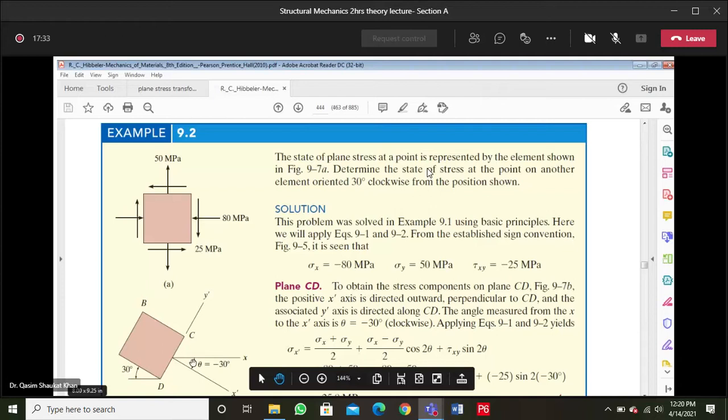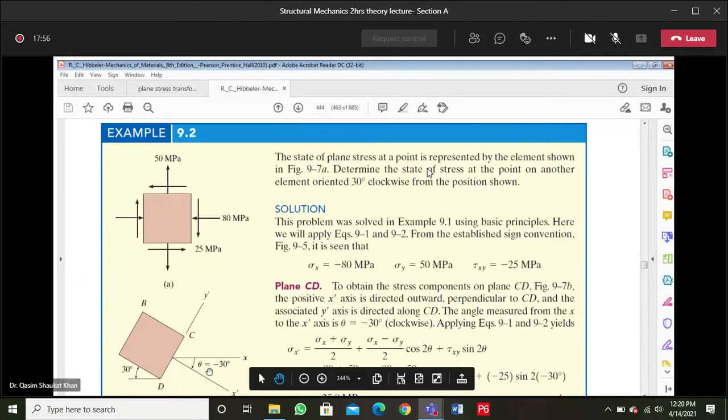I have to calculate the state of the plane stress at this point, that is sigma x dash, sigma y dash, and tau x dash y dash, for theta 30 degrees clockwise.